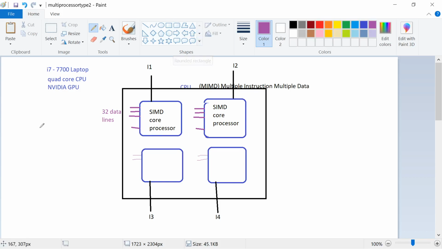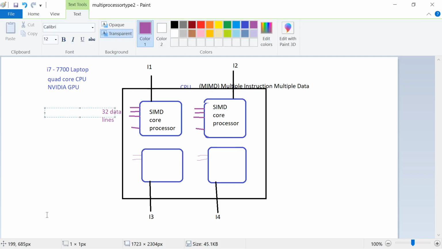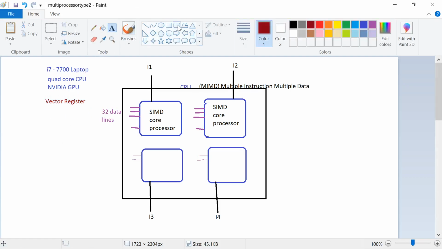Now, additionally, if you have a vector register, a vector register is also a register, okay. But in a vector register you can store a very big data set.